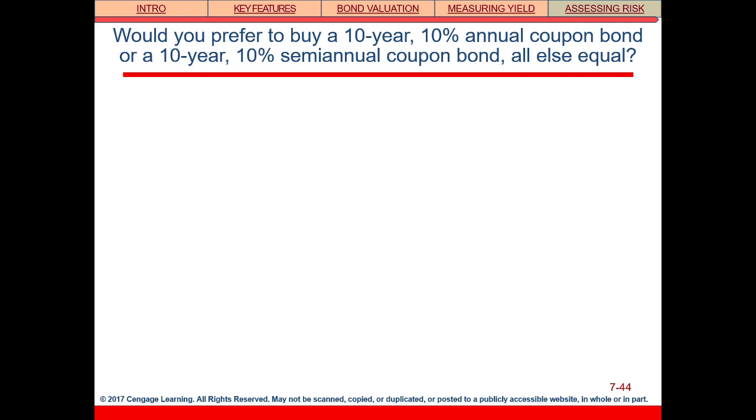So the only difference here is that you receive $50 in advance, 6 months earlier than you would have if it's annual compounding, right? So in this case, which one would you prefer? Would you prefer to receive the $50 6 months earlier? Of course, right? Who wouldn't?